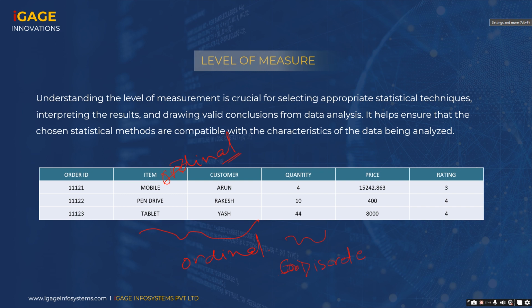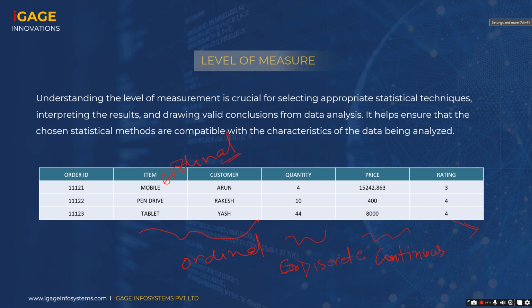And here, since price is in decimal format, it is a continuous variable. And then we have rating, which can be 1, 2, 3, 4, 5. But rating is not a numerical value, it is a label. 1, 2, 3, 4, 5 are labels, and they also represent a direction: rating 1 is low, rating 5 is quite high.